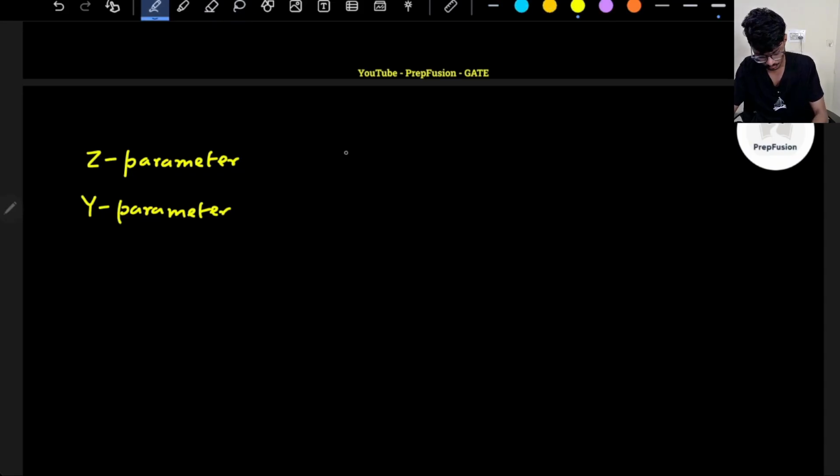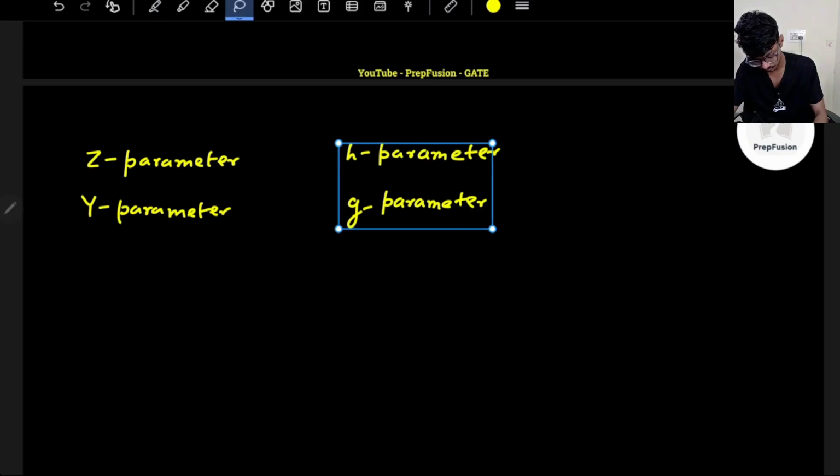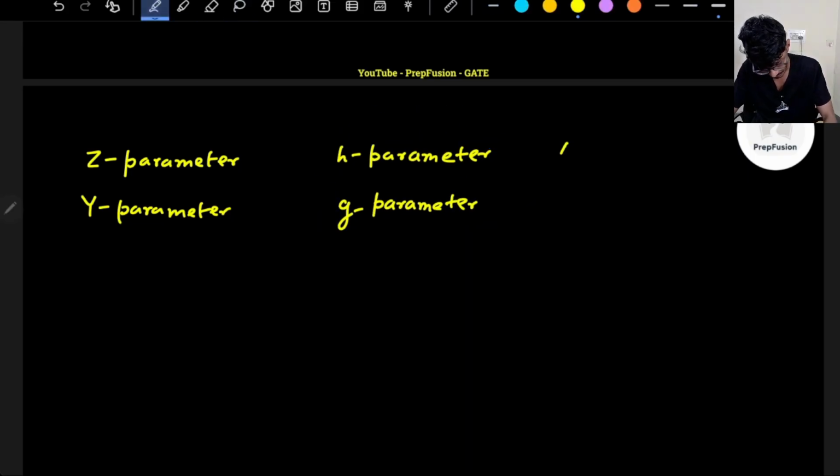My H parameter equals G parameter. Then I have my ABCD parameter, and inverse ABCD parameter.